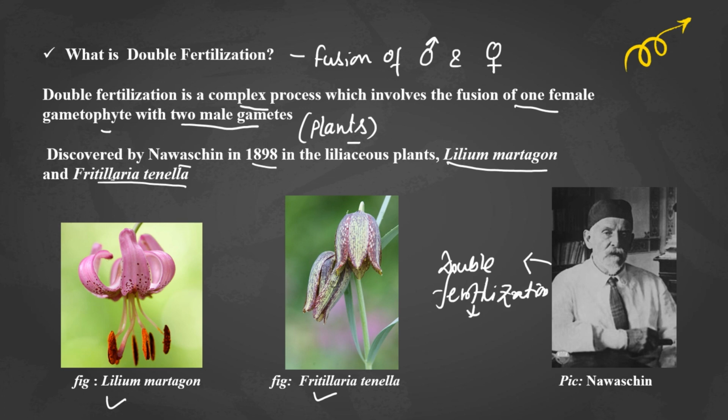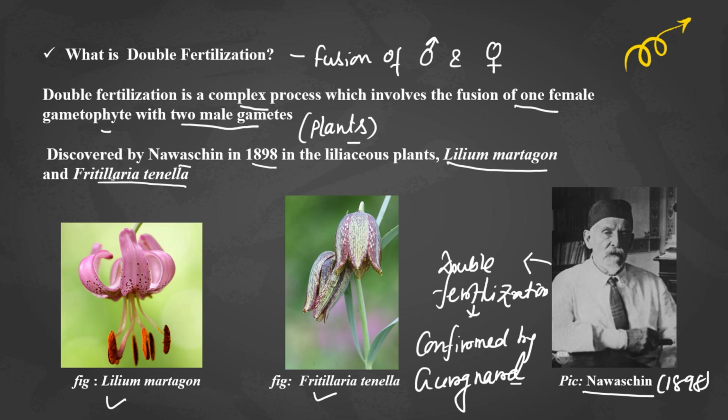Later, the events of double fertilization were confirmed by Guignard. So who first discovered it? Navaschin in the year 1898, and later it was confirmed by the scientist Guignard. Which plants were used?